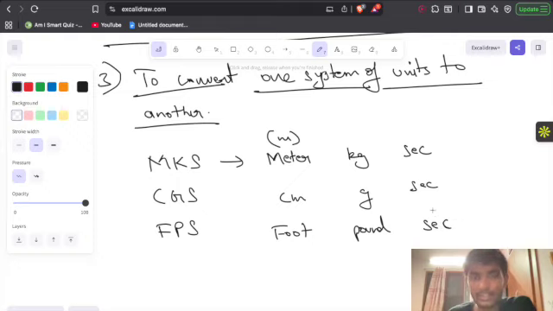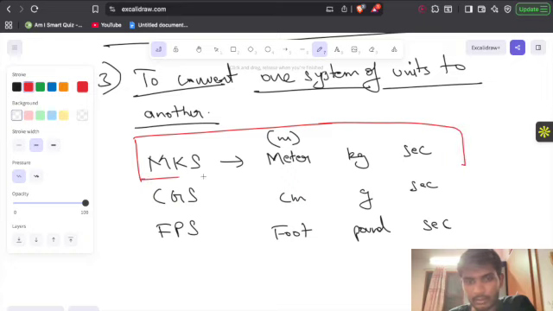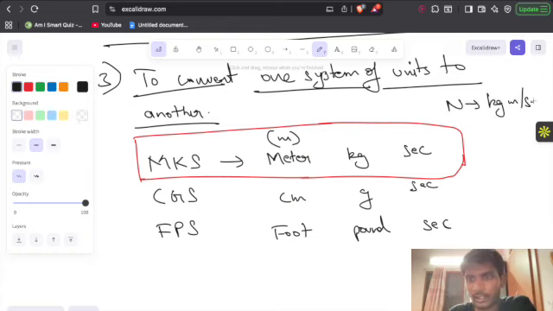Okay, so basically you can use any of these systems of units. We mostly use the MKS system here in our studies. So you can see Newton's unit is kilogram meter per second square. This is how we will be expressing force in its SI unit. So we are mostly using the MKS system.